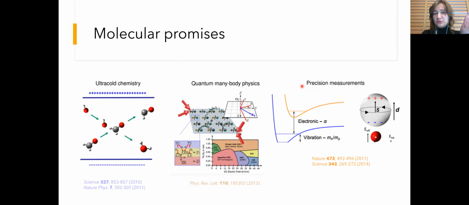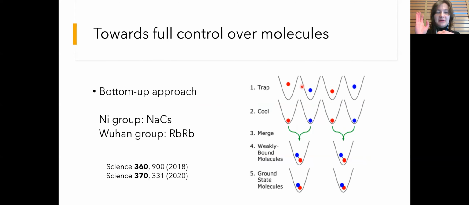But what about experiments? I told you already that they are more demanding when handling, but this has been tackled right now, actually. People can already build arrays of polar ultracold molecules in their ground states, using exactly optical tweezers. This bottom-up approach has so far been used by two groups on two different ultracold molecules.